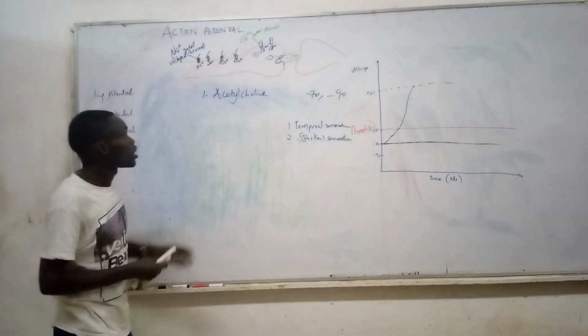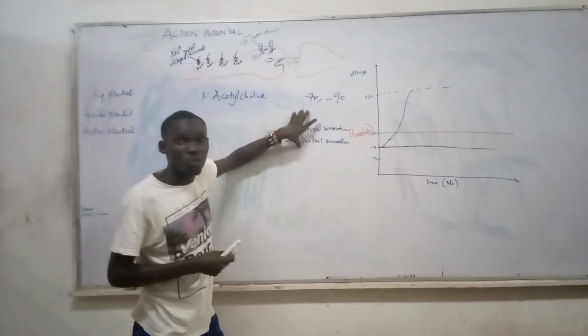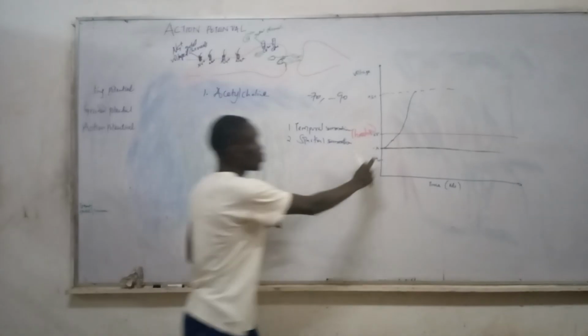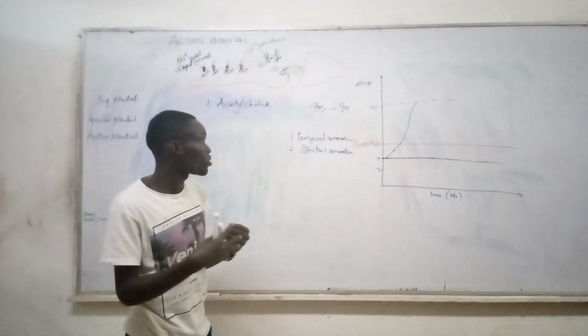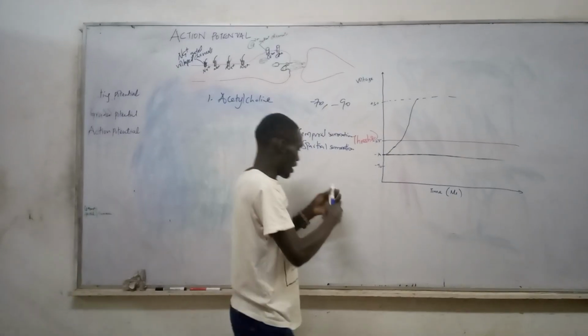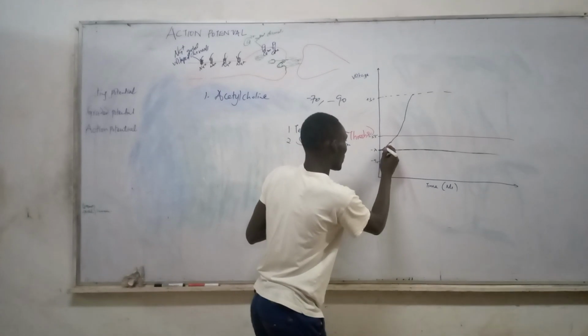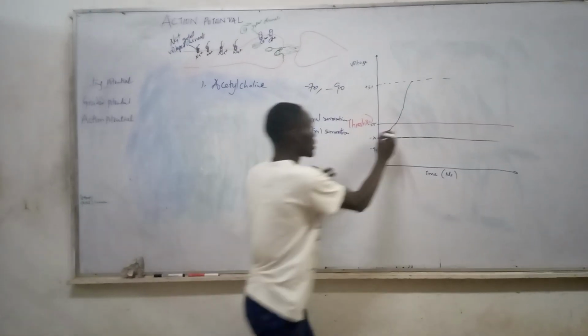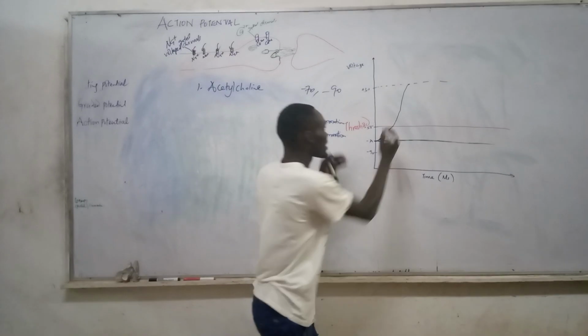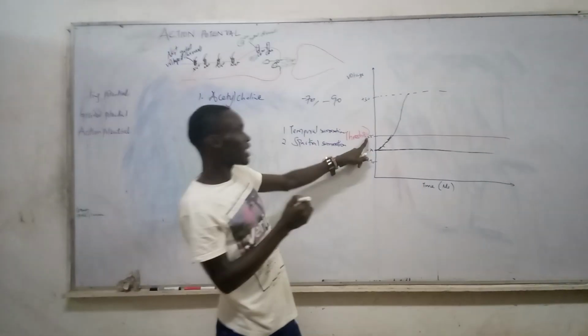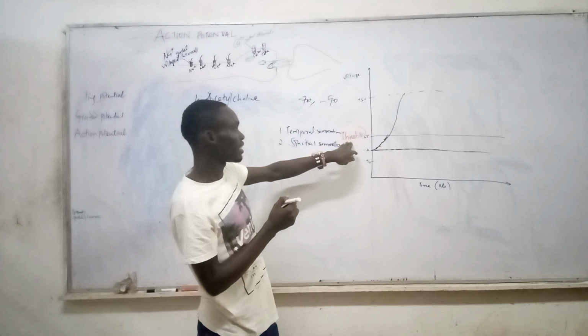Let's come again. We have stimulations. The membrane was at rest, at negative 70. It received some stimulation, and the charge progressed. Another stimulation, it progressed again. Another stimulation, progressed, up to negative 55. This is now the threshold.